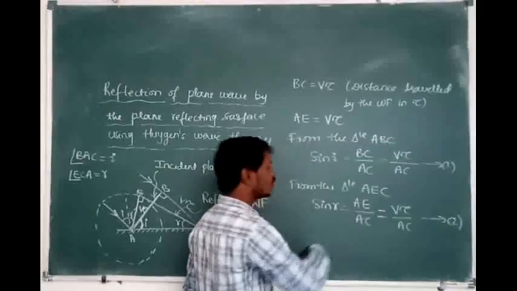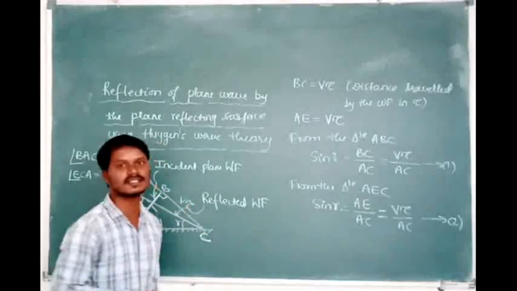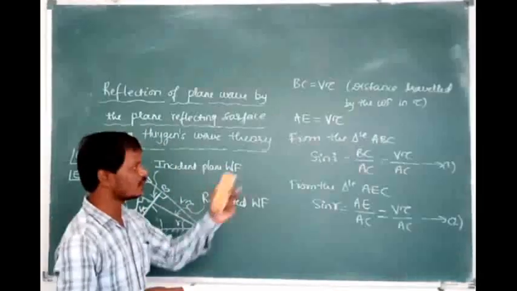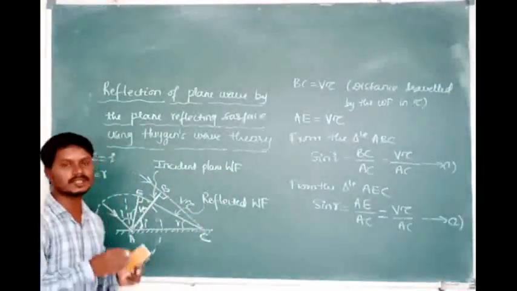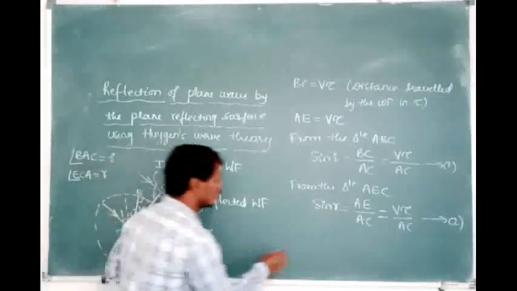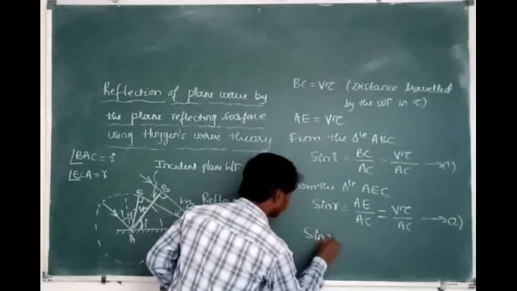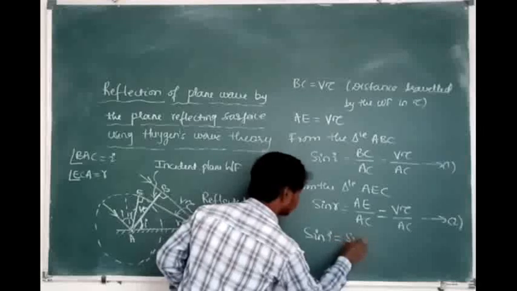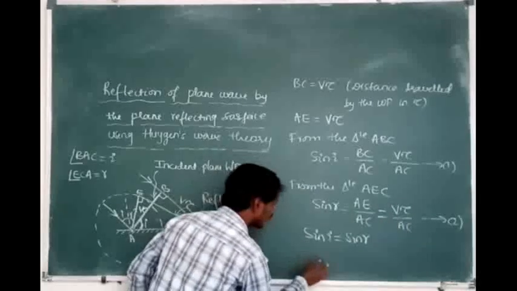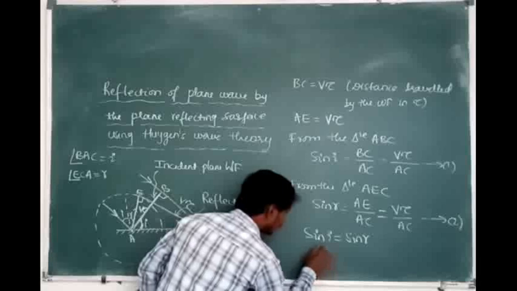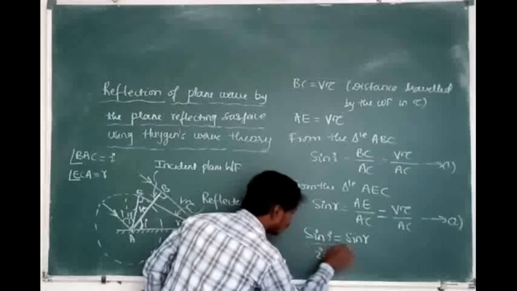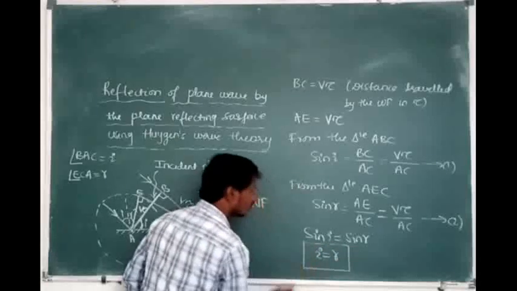From equations 1 and 2, the right hand sides are equal, so the left hand sides must be equal. That is sin i is equal to sin r. Means i is equal to r, the angle of incidence is equal to the angle of reflection.